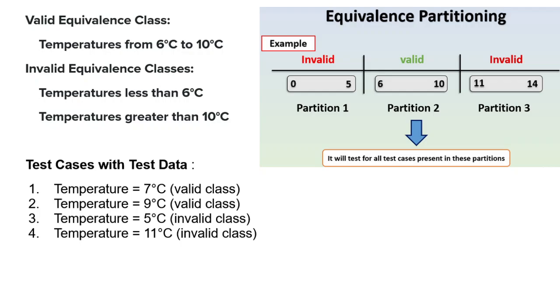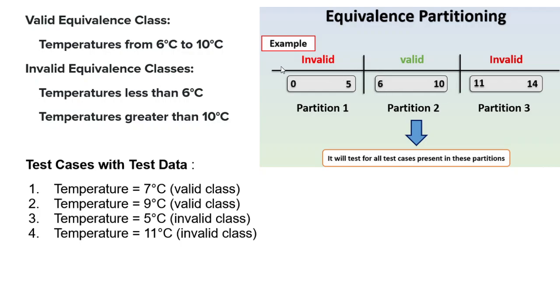So instead of testing all the test data, we will logically divide those test data into test classes. So for this example, which type of equivalence partitioning can we do? 6 to 10 is valid, because that device will accept 6 degrees to 10 degrees. So any value from 6 to 10 is a valid value. So this is one partition.